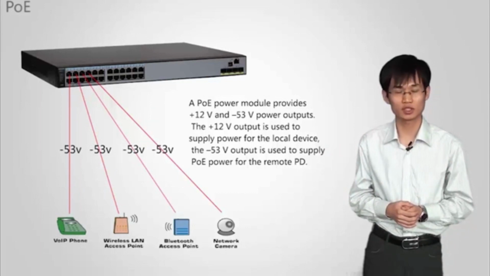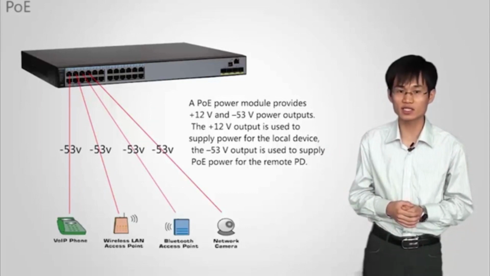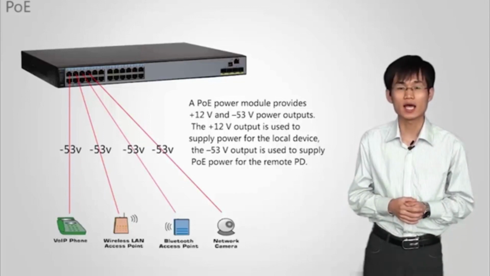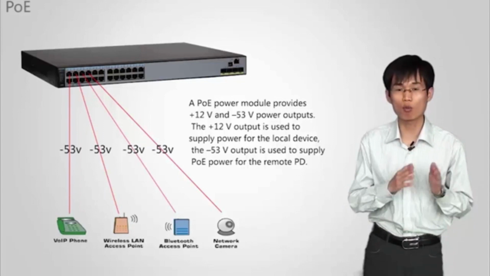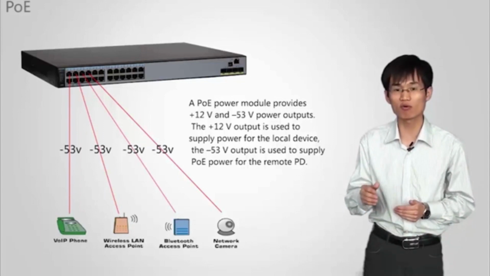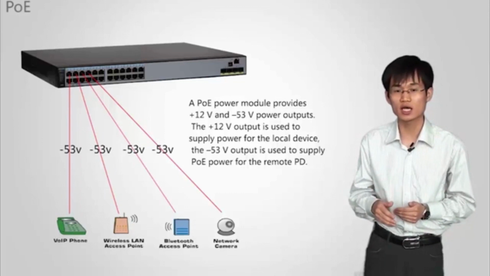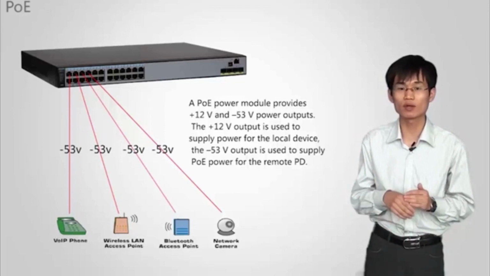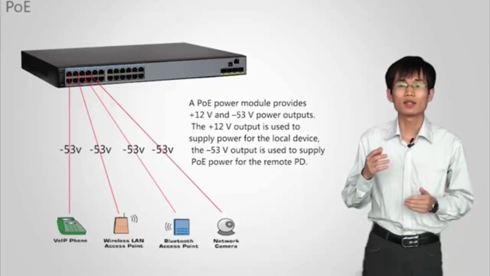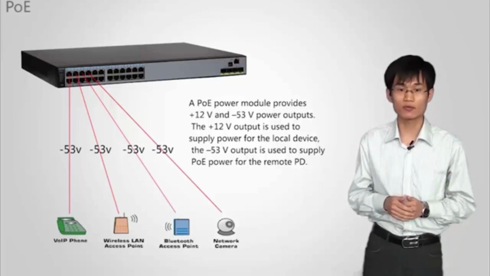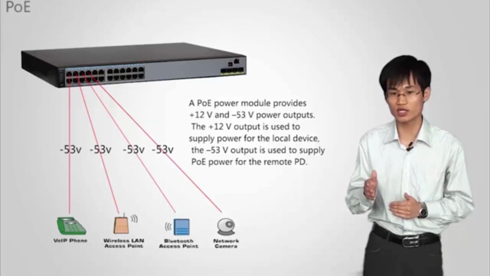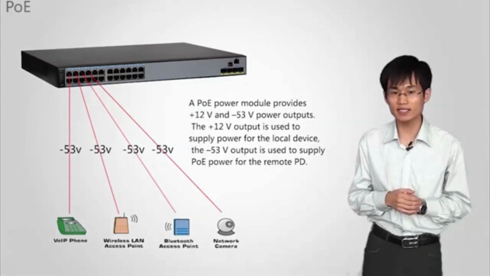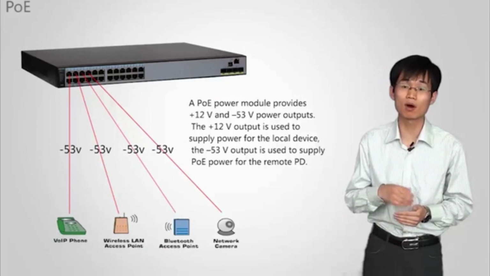Huawei switches support 250 watts and 500 watts PoE power modules. The 250 watts PoE power modules supply 120 watts power for the switch and 130 watts power for the remote PD. The 500 watts PoE power modules supply 120 watts power for the switch and 380 watts power for the remote PD.